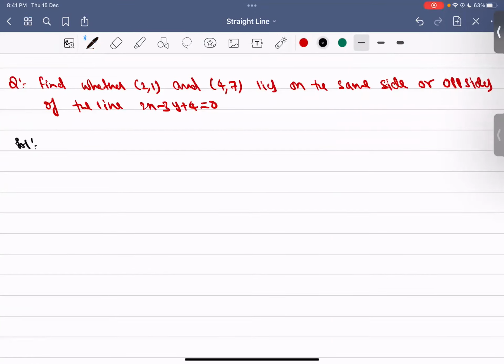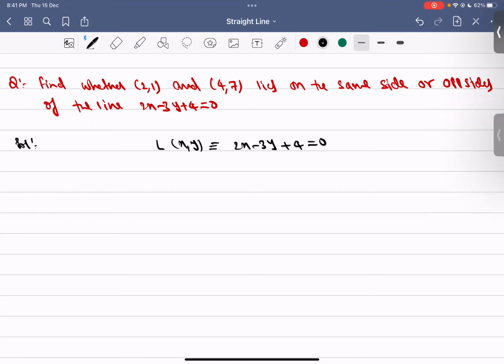So this is the question. Let's solve it. The given line is L of (x, y) equals 2x minus 3y plus 4 equals 0.